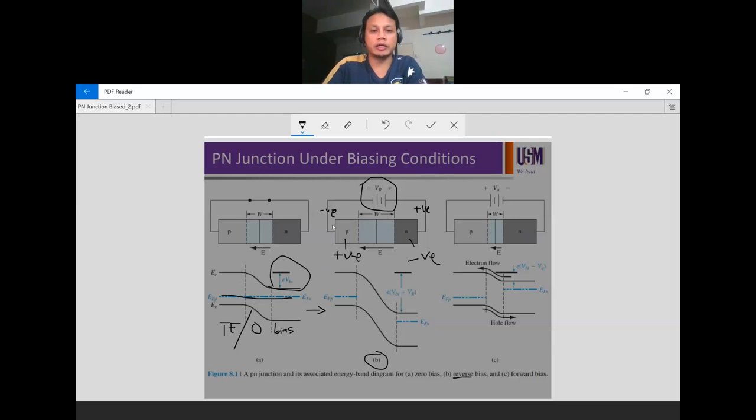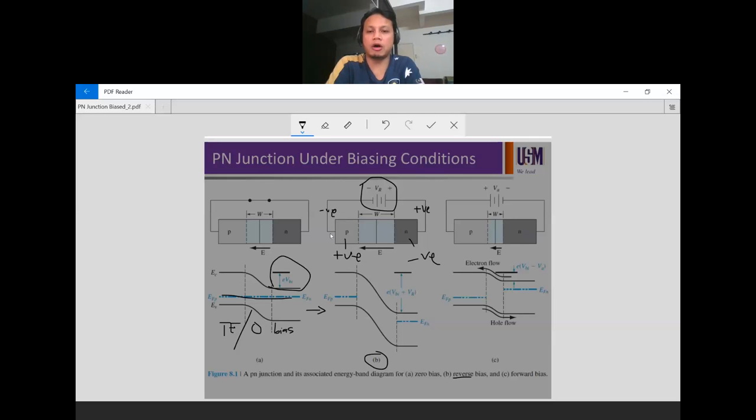If you look at the connection, the negative terminal is connected to the p-type, which has holes, and your positive terminal is connected to the n-type, which has electrons as the majority carrier. What happens when negative charges and positive charges sit near each other? This is negative and positive, positive and negative.